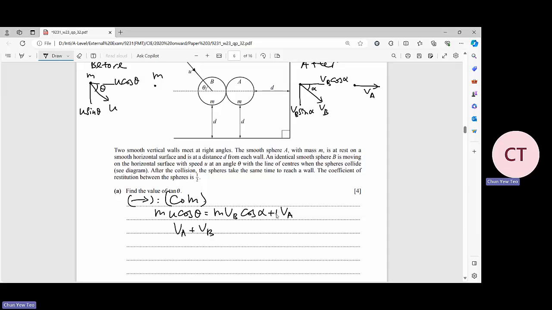Oh, I forgot to write the M here. So if you write it down, VA plus VB cos alpha equals U cos theta.